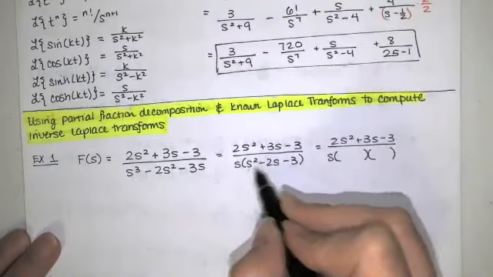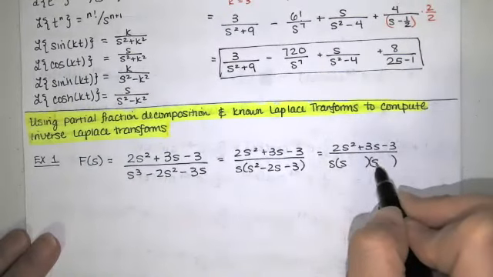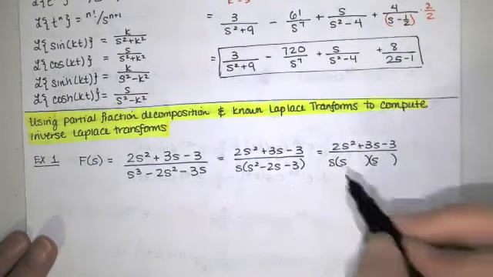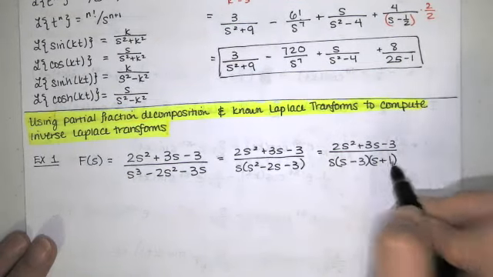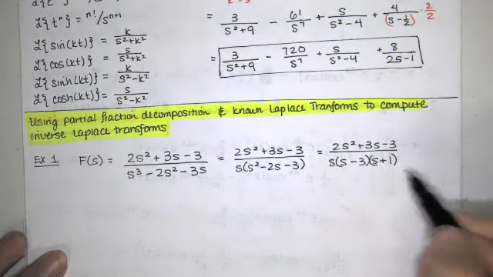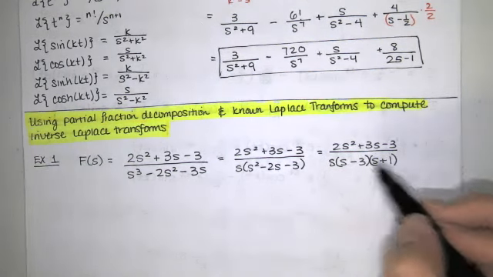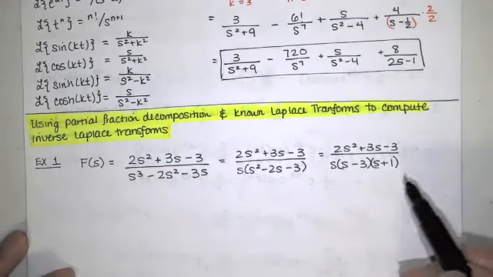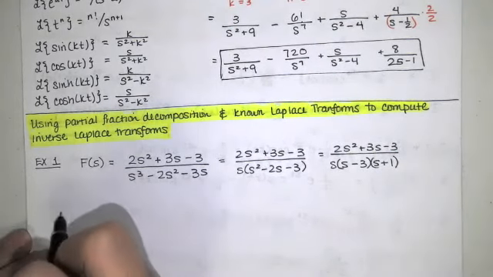If I have s squared minus 2s minus 3, I can factor that this way. I need 2 numbers that multiply to give me -3 that add to -2. -3 and +1 will work. -3 times +1 is -3, and -3 plus 1 is -2. So this is equal to this, and that means we can use partial fraction decomposition from here.